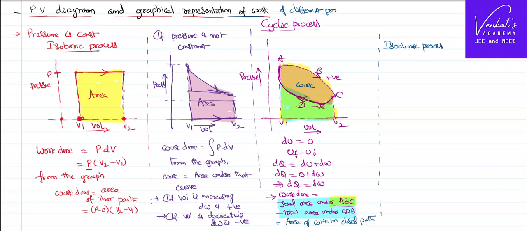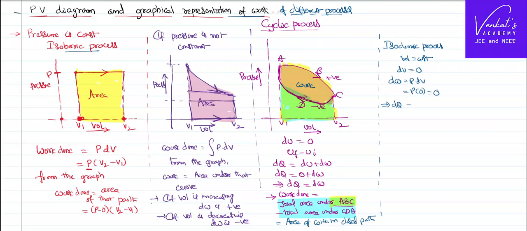We are also talking about different processes here, right? Isochoric process means the process in which volume is kept constant. When volume is kept constant, the change in volume equals 0. Work done, we know, is PdV. As the change in volume is 0, in this case the work done is 0.